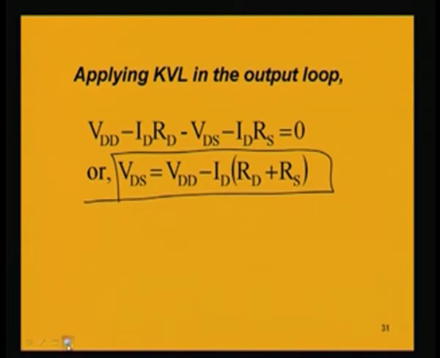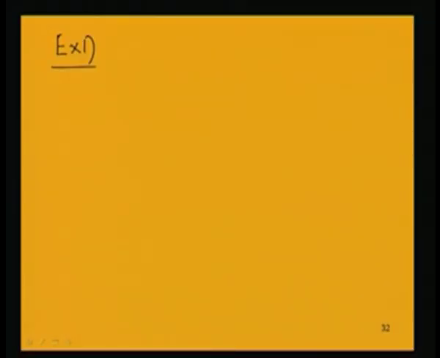Now, let us take one example for the fixed bias DC biasing scheme which we have discussed just now. It has an enhancement type N channel MOSFET.